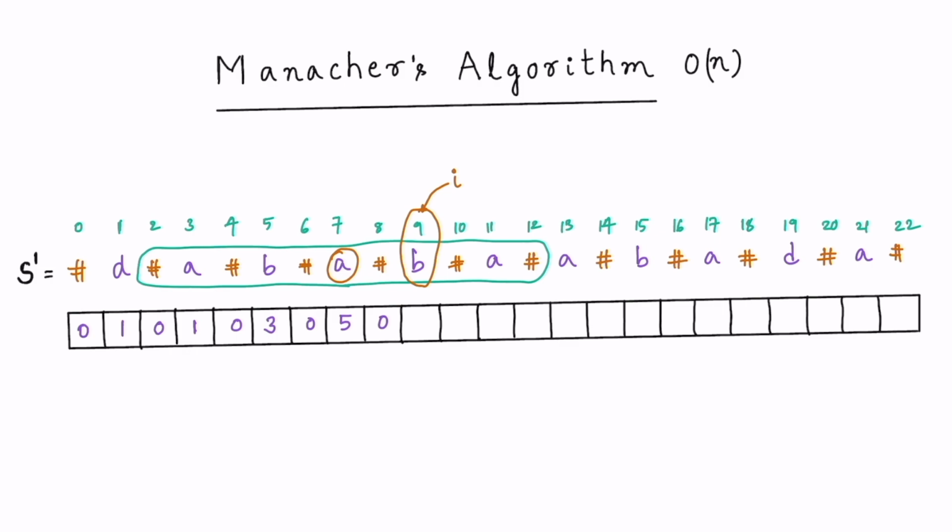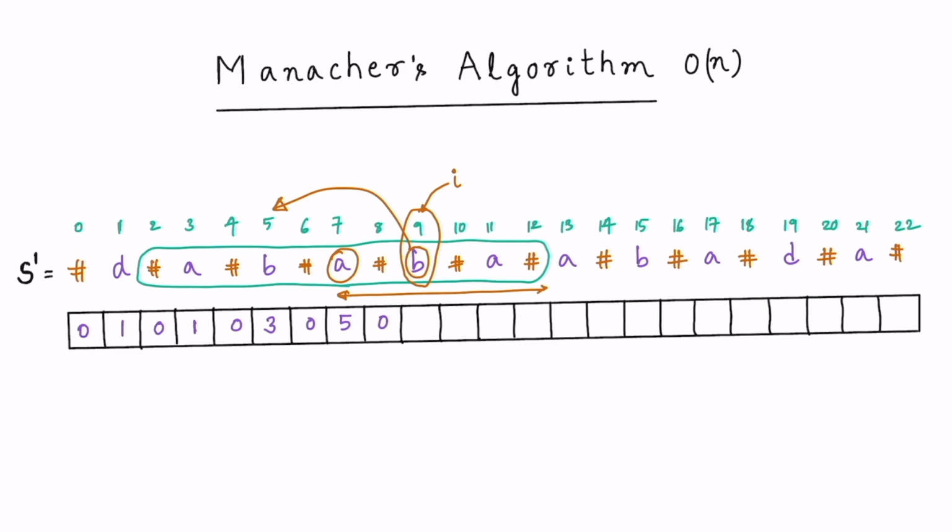And the current character B is part of the right half of this previous palindrome. Because we already know that the characters in the right half are the mirror images of the characters in the left half, we can deduce that there must be a mirror image of this B in the left half.